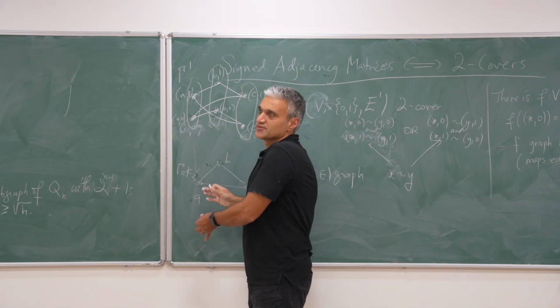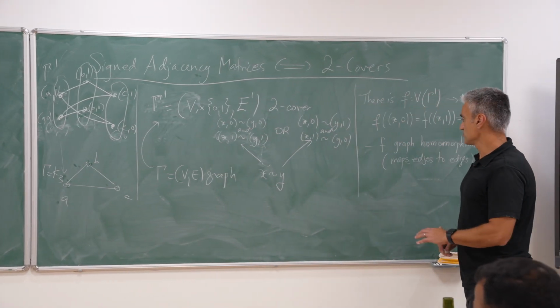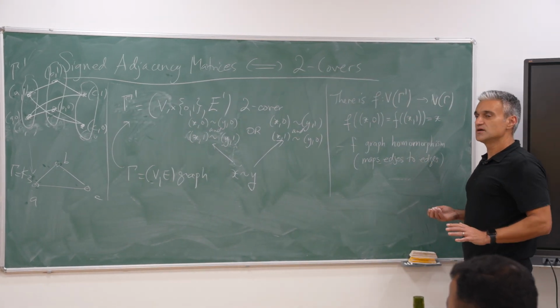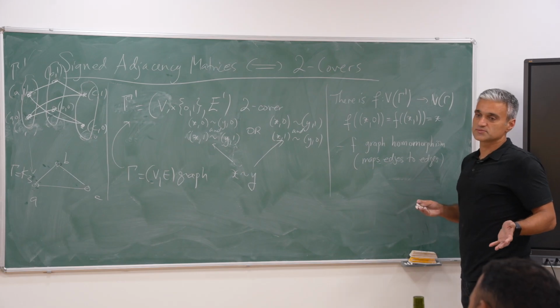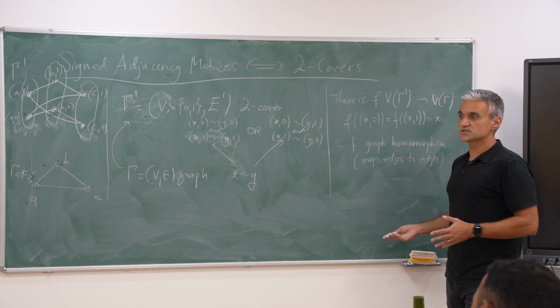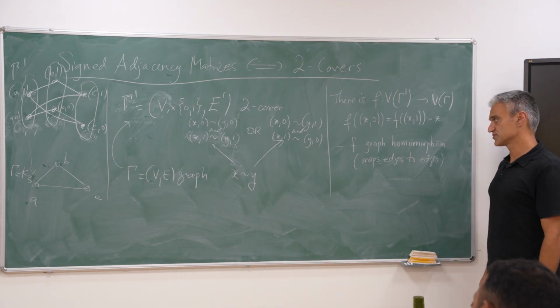Here everything is an edge, so it's relatively easy, but a graph homomorphism maps edges to edges. You have to distinguish between graph homomorphism and graph isomorphism. In graph isomorphism, you map edges to edges and non-edges to non-edges. That's the difference, okay?